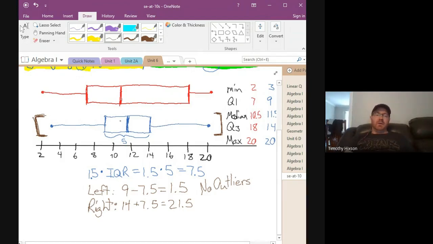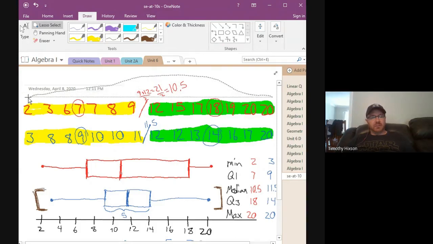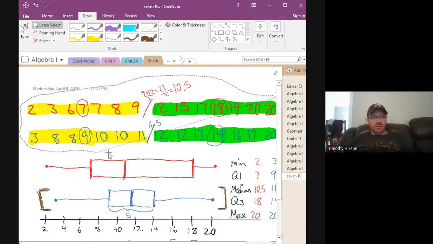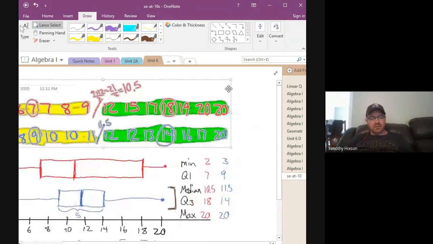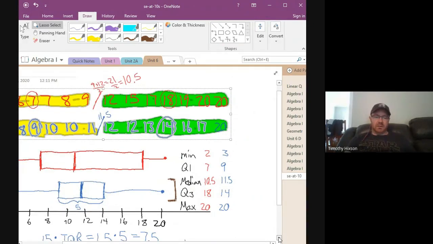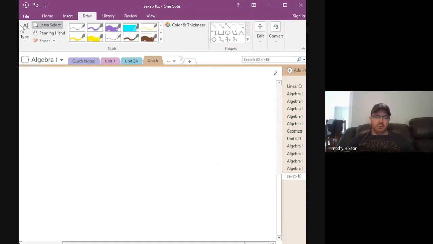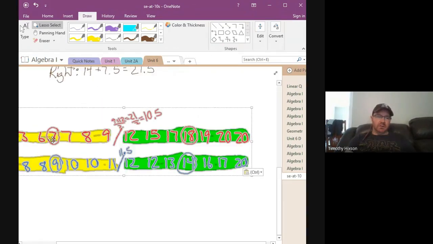Okay. Now, one other thing I want to do here, and I meant to copy this before I wrote all over it, but let me just do this real quick, and then I'll get rid of the stuff I don't want. It'll be faster than rewriting it all. Okay, so I'm going to copy that and come down here. All right, let's paste that right there.